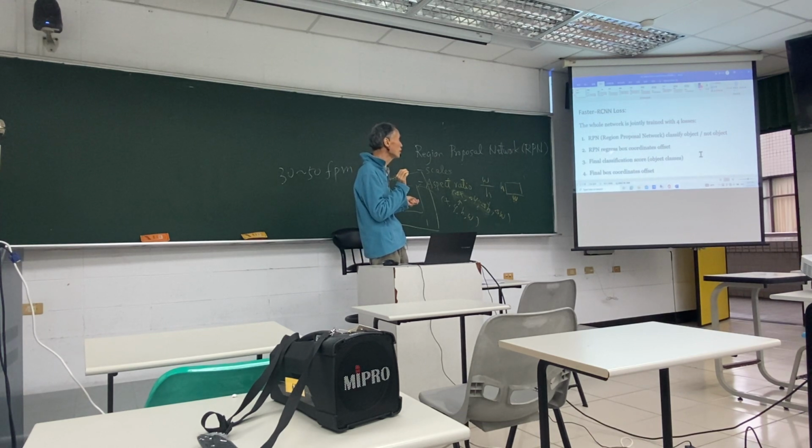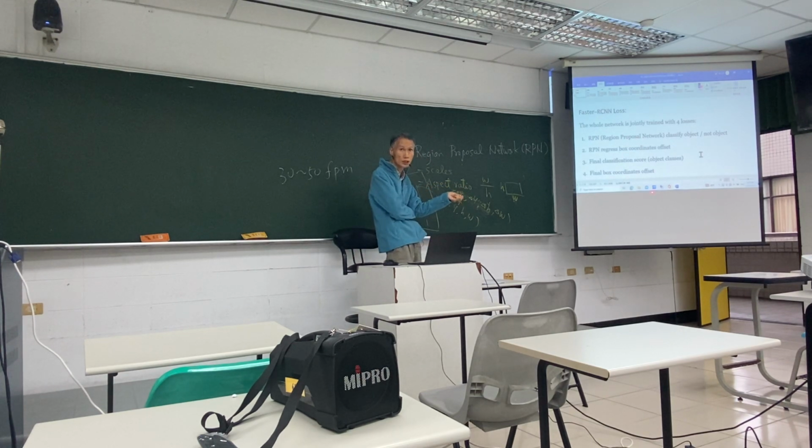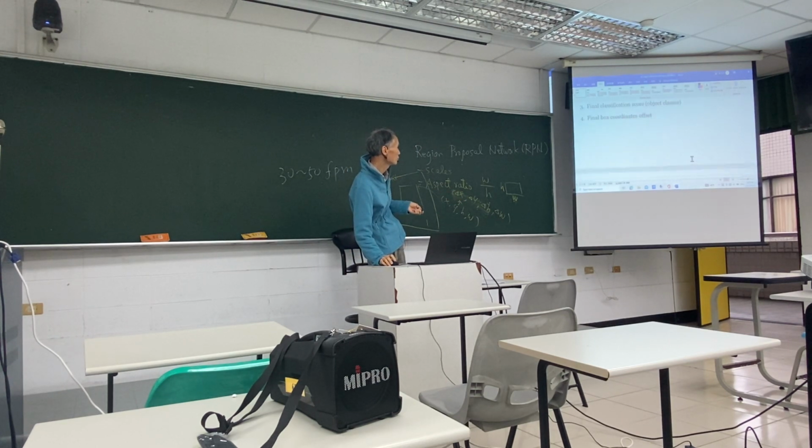Then the RPN bounding box offset regression tries to find the possible region, or you can think of it as the initial bounding box. Then the final classification, the object class, and then the final bounding box offset, the refinement. So it includes these 4 terms as the overall loss function. It's still quite simple to follow.